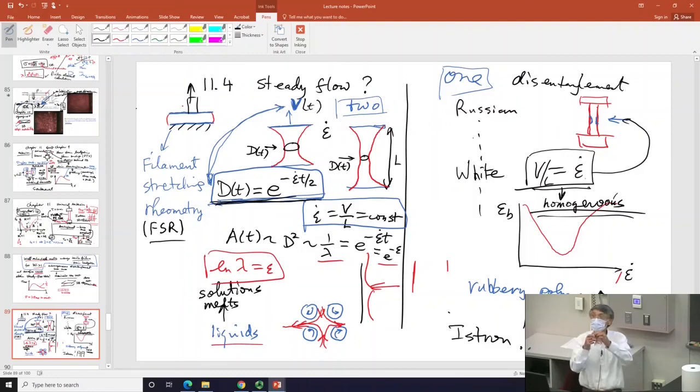The sample will have a tendency to break according to the Doi-Edwards theory. But as soon as it starts to have a sense of doing that, my sensor is monitoring that's going to happen. Oops, I will slow down so that it doesn't break. It's so precise. It looks like it will not break. And indeed, it tends not to break.